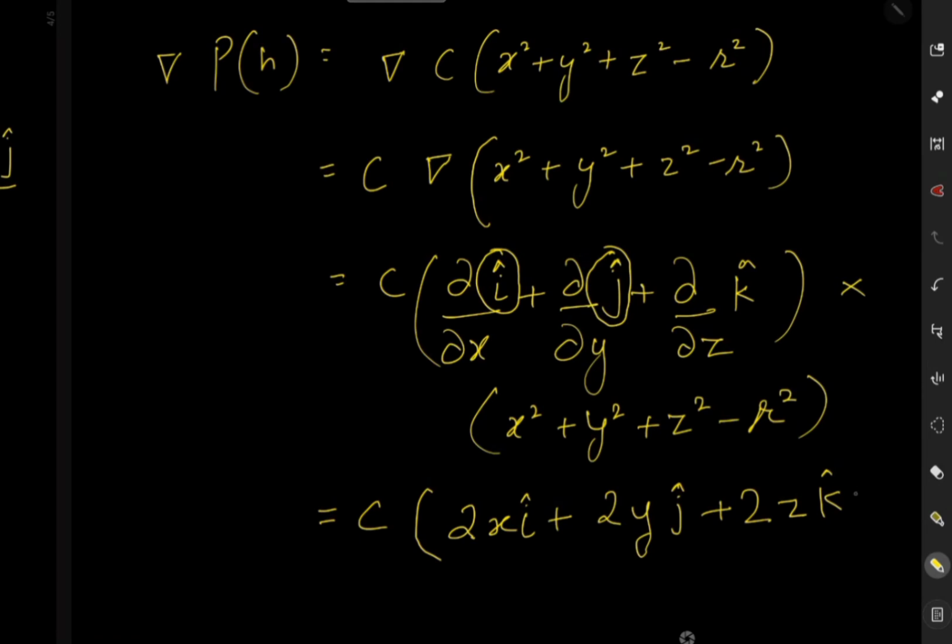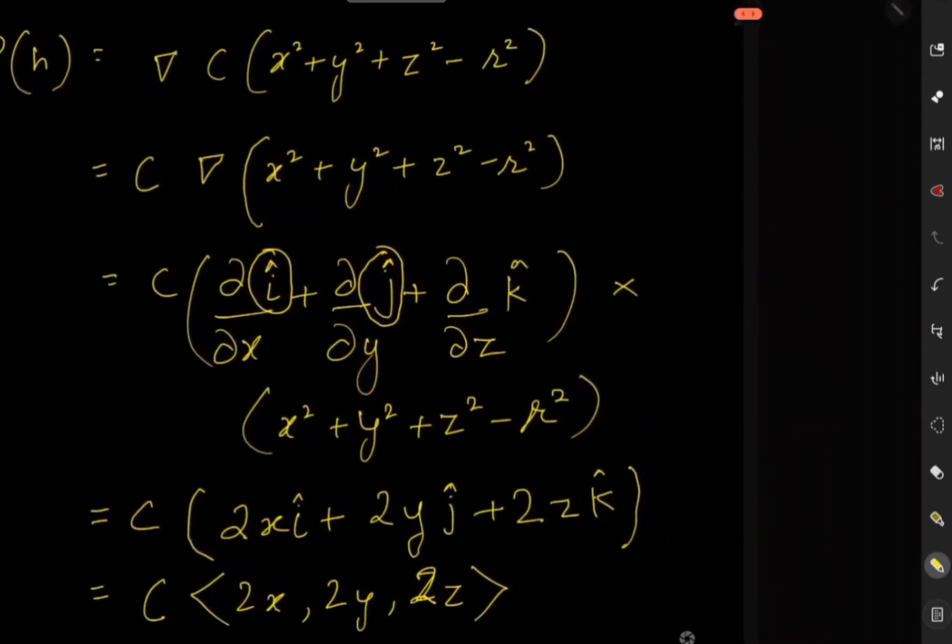R is constant. R is the radius of earth. So del pH is c times 2x i cap plus 2y j cap plus 2z k cap, or we can write this in vector form as 2x, 2y and 2z. This is vector form in Cartesian coordinates. So this is our gradient of gravitational potential that we have taken.